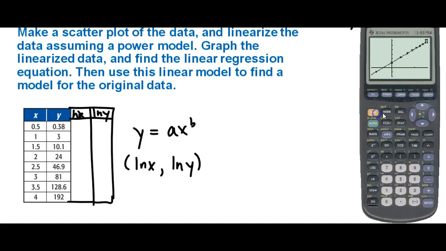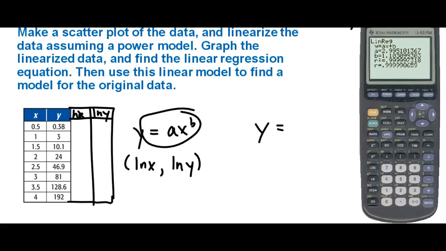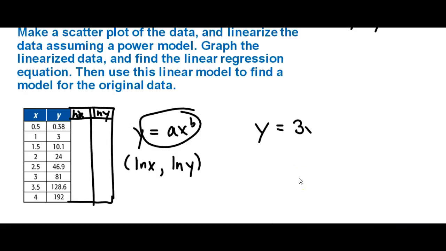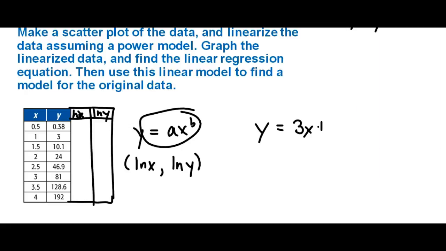So back to our equation here, we have essentially something you're very familiar with. Instead of dealing with this power function, we've got y equals 2.9, or essentially we'll just say 3x plus 1.1. But these aren't our original y and x.